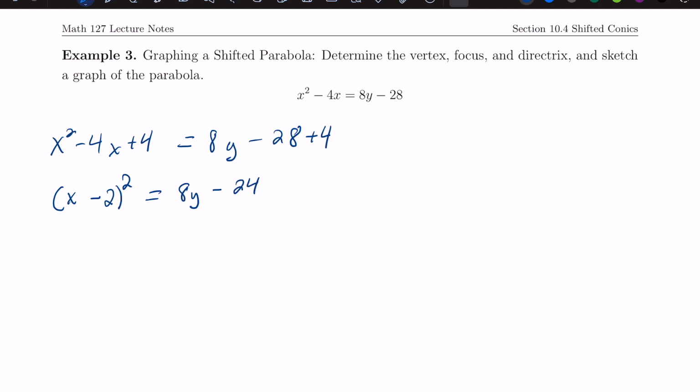Okay, so we have that. We still need to clean this one out. Here we just pull out the 8. So here we have x minus 2 squared is equal to 8y minus 3.